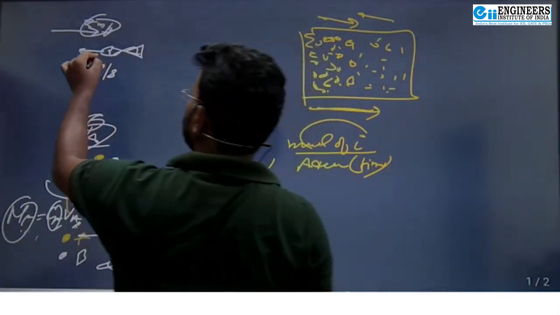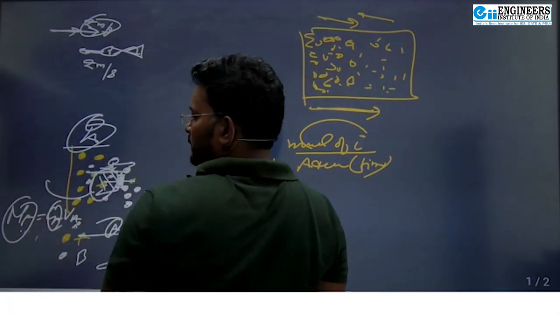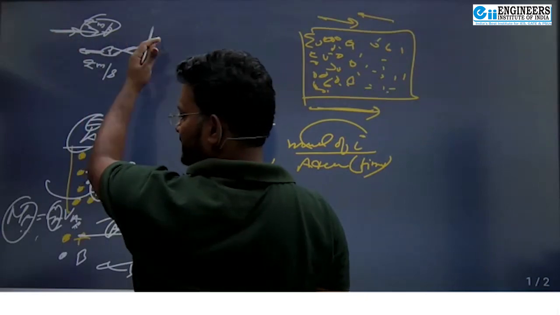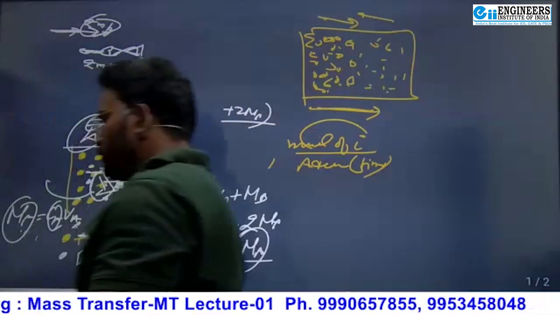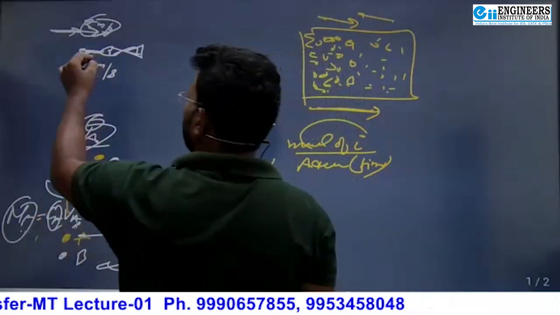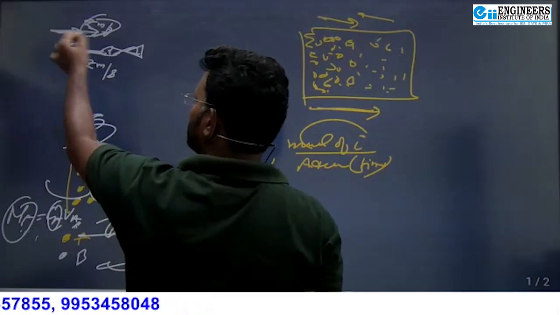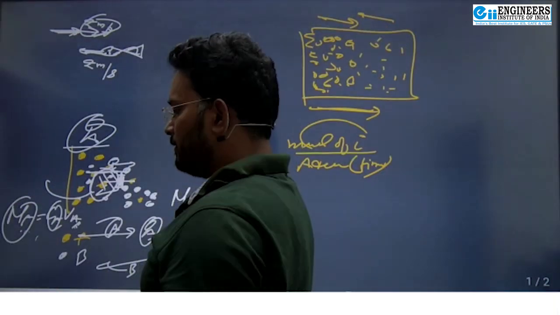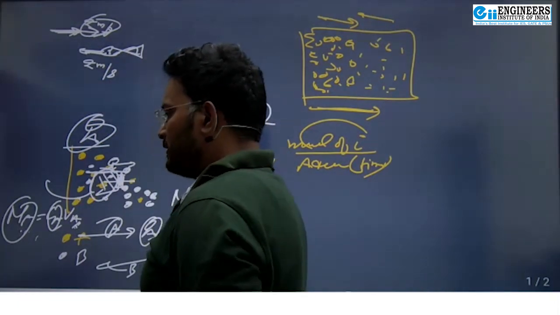If the fish is moving with 2 meter per second and the current is moving in the downstream direction with the same velocity, what happened? For a fisherman, the fish is stationary. Yes or no?